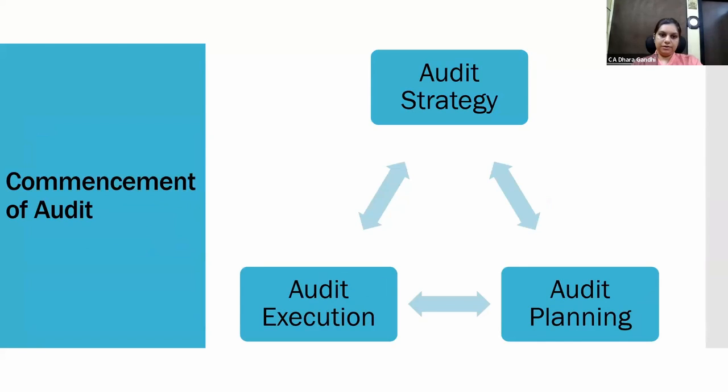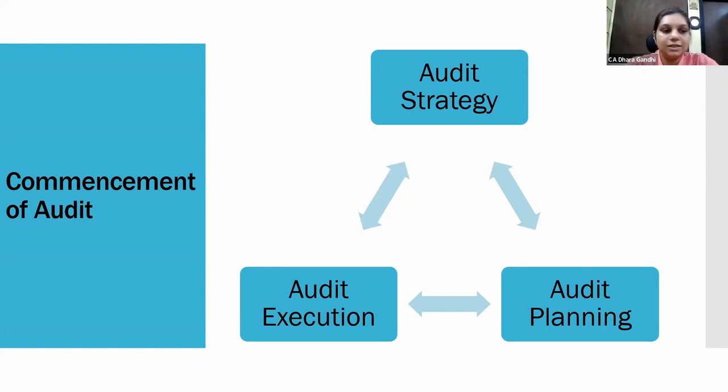So about the audit. Initially, when we commence the audit, we need to make audit strategies, audit plans, and then audit execution needs to be done. So basically, when we start the audit, we run the whole Tally of our client.